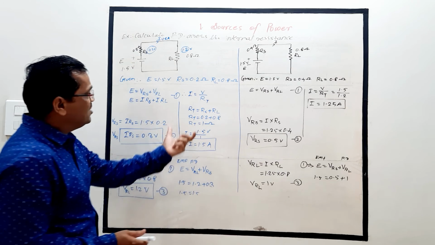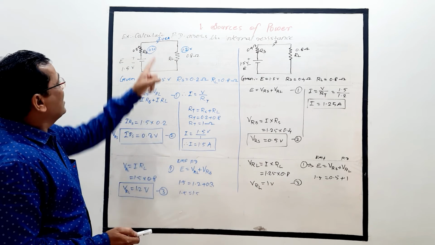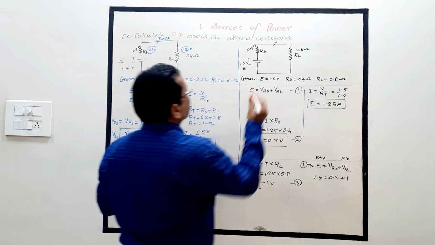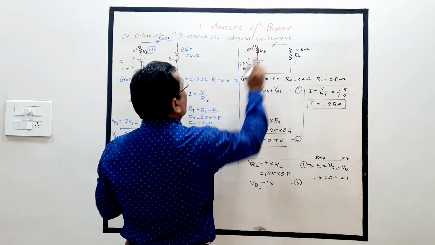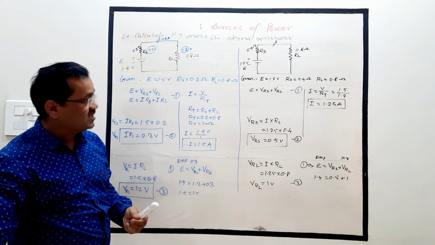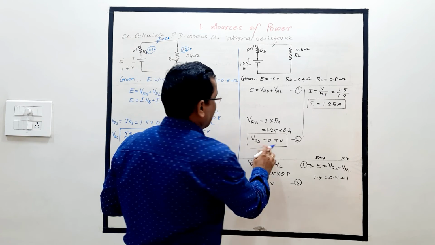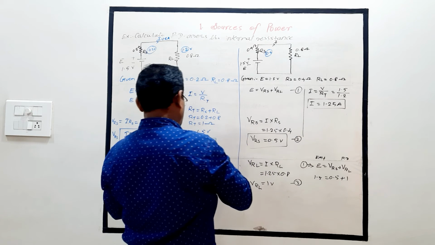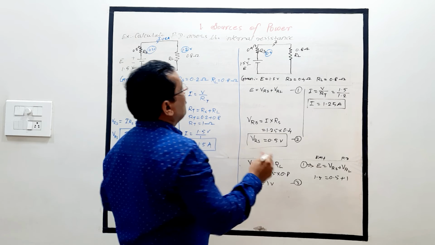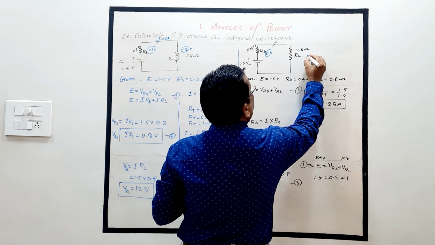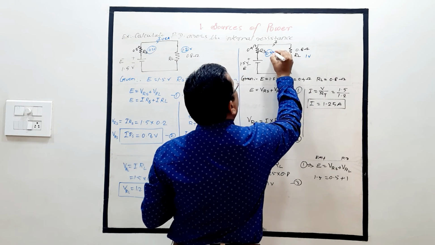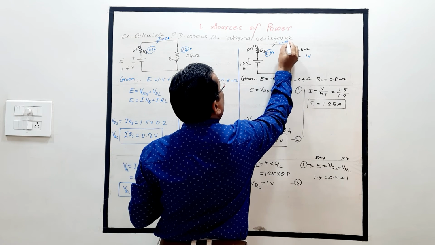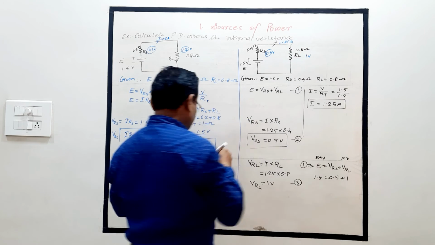Now from this one can conclude that the potential drop across RS is 0.5, the potential drop across RL is 1 volt, and current is 1.25 ampere.